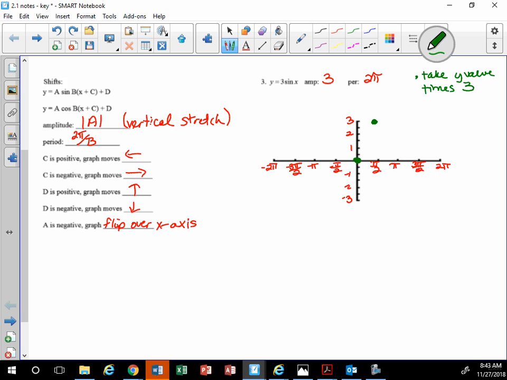What about pi? Back to 0, good. 3 pi over 2. Instead of -1, where is it going to go? -3. Good. And then 2 pi is back to 0.